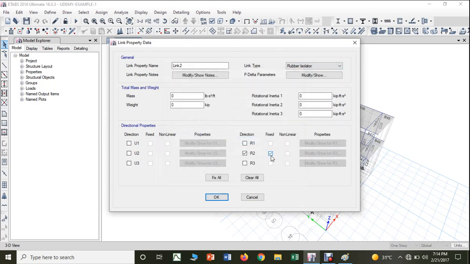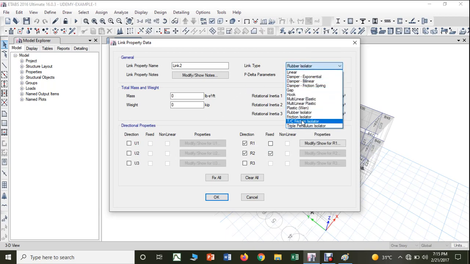If I make it non-linear, you can define all these types of link properties, and they are applicable either at the foundation level or in the middle of the buildings.